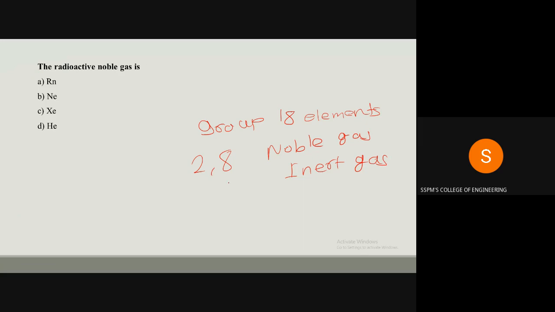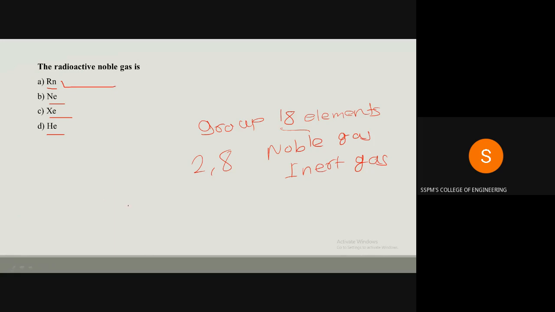So, as the correct answer, noble gas elements means the options given will be group 18 elements. Group 18 means the last group. So helium is also a group 18 element, xenon is a group 18 element, neon is also a noble gas, and radon is also a noble gas. But the question is, which is the radioactive noble gas? The correct answer is Rn, because xenon, neon and helium are not radioactive elements.